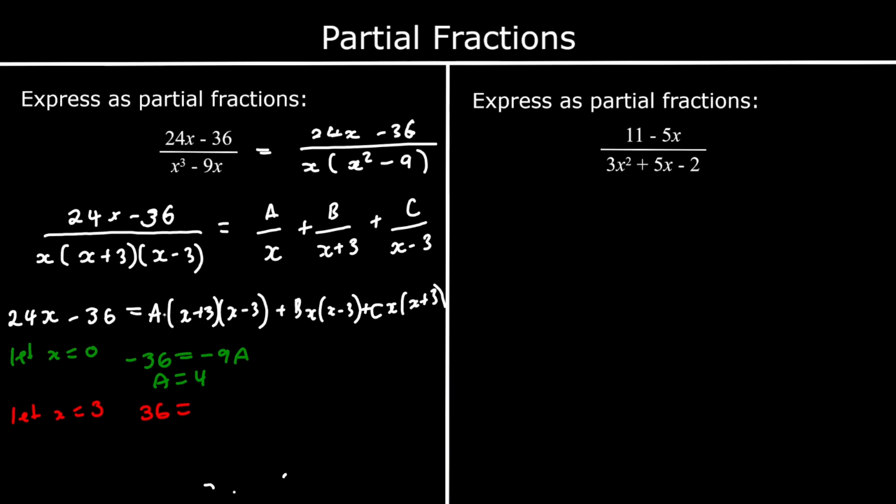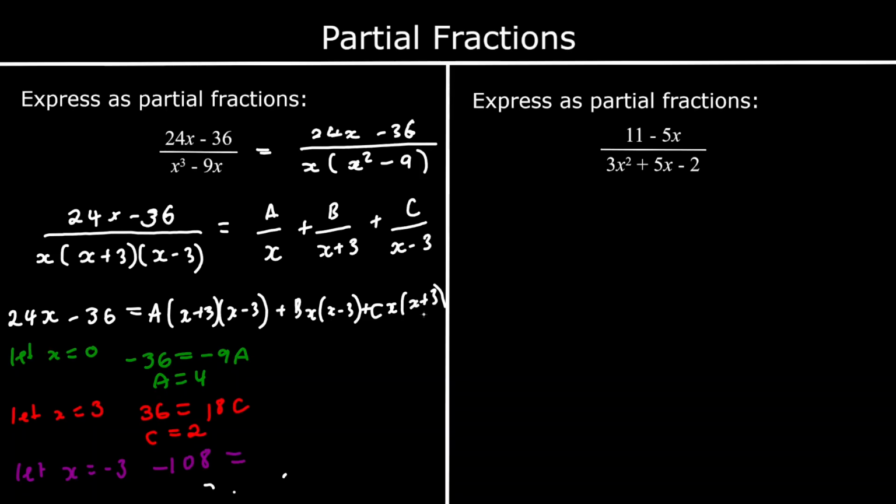We'll eliminate a and b, we'll just have c left. So it'll be 3 times 6, 18c, c is 2. And let x equal negative 3. So negative 72, take away 36, which is negative 108.